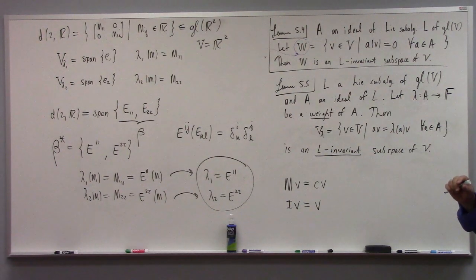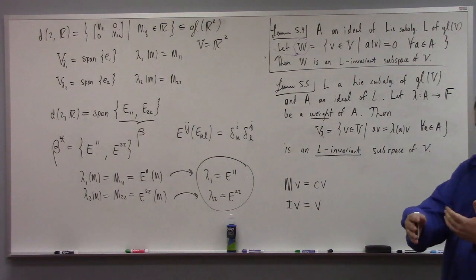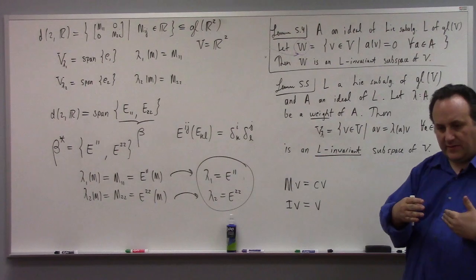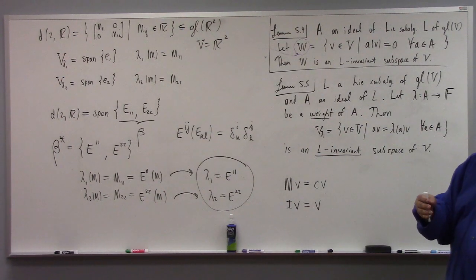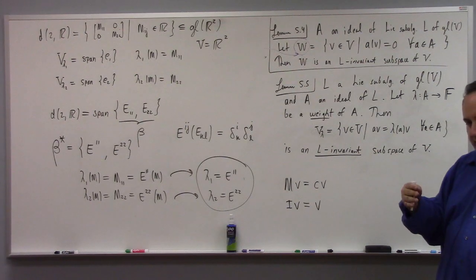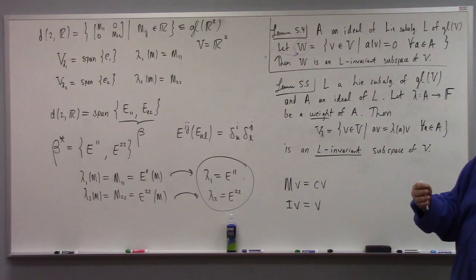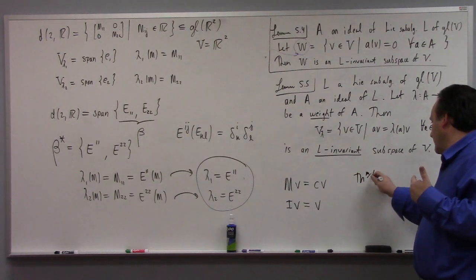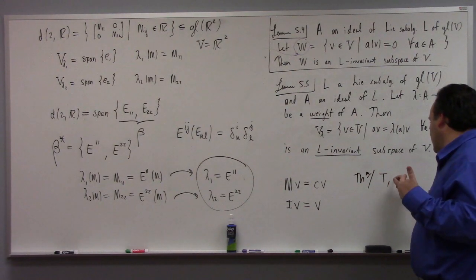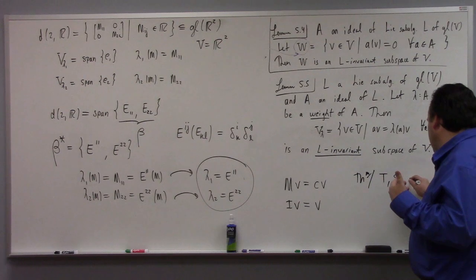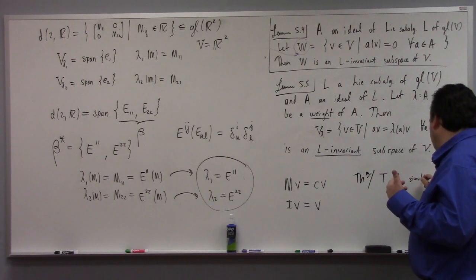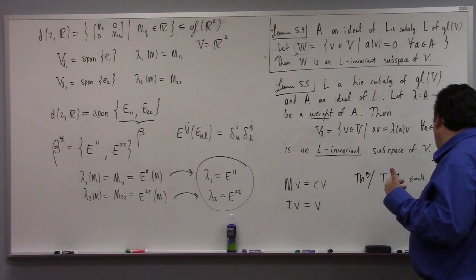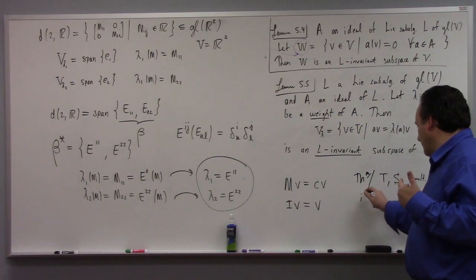I think the most rudimentary example of the problem we're grappling with is seen in linear algebra when you're trying to simultaneously diagonalize two operators. You guys may or may not know this, but this is the theorem. If you want to simultaneously diagonalize T and S, if and only if what?